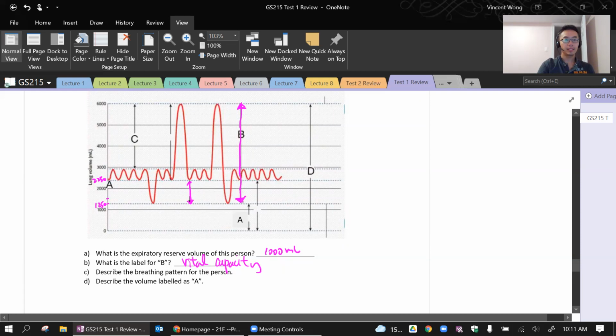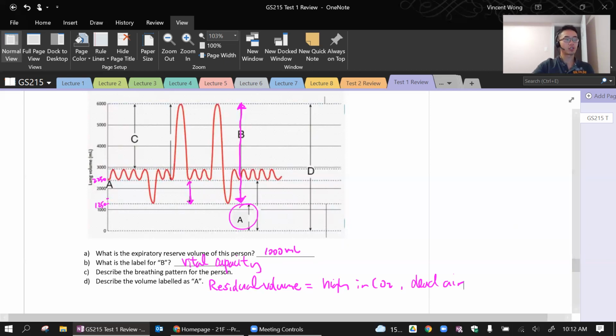Okay. A is the residual volume. As we discussed last week, it is high in CO2, dead air, not useful for gas exchange.